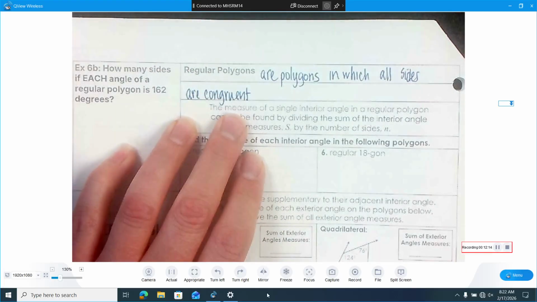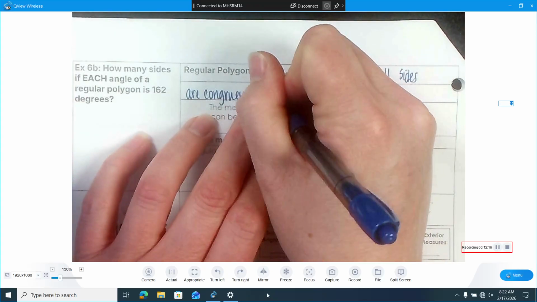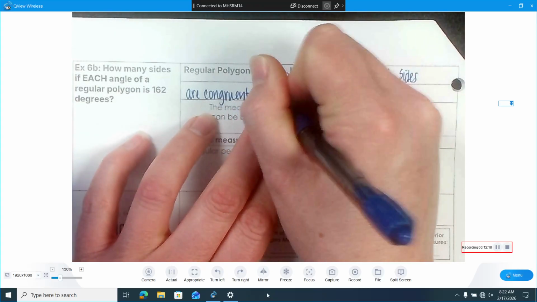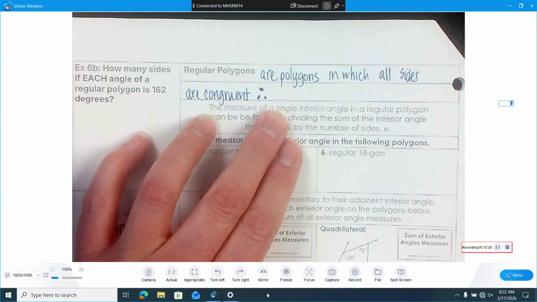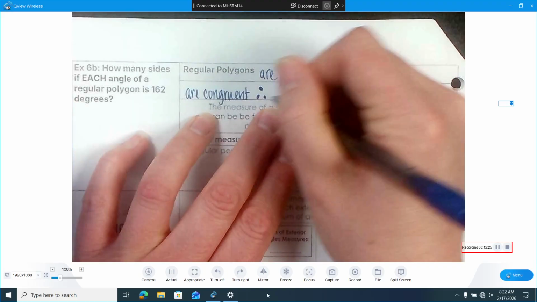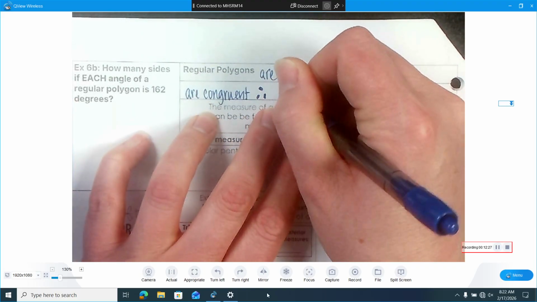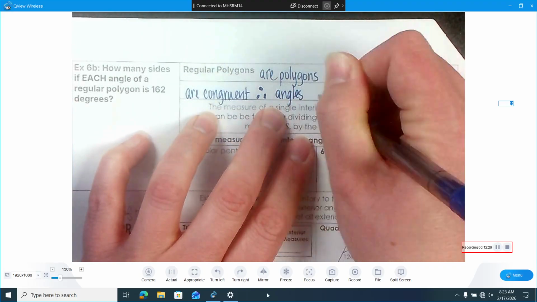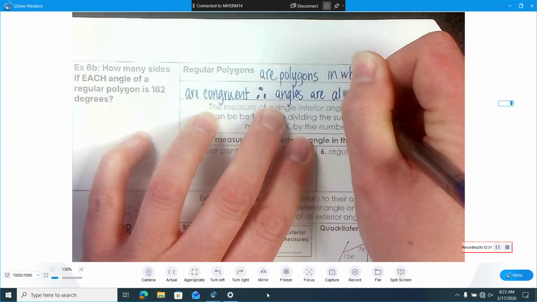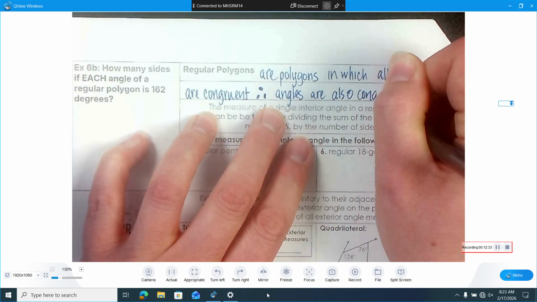All the side lengths are congruent. Therefore, if all the side lengths are congruent, what should we know about all the angles? They're also congruent. Therefore, the angles are also congruent.